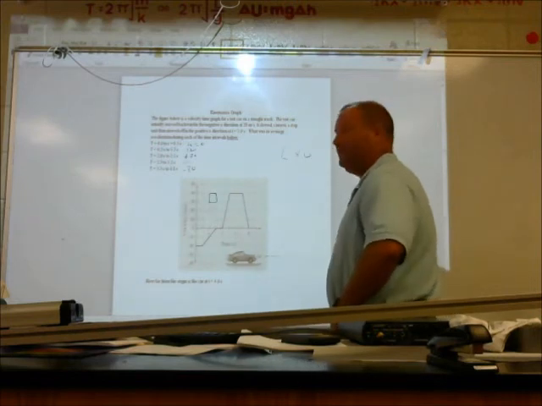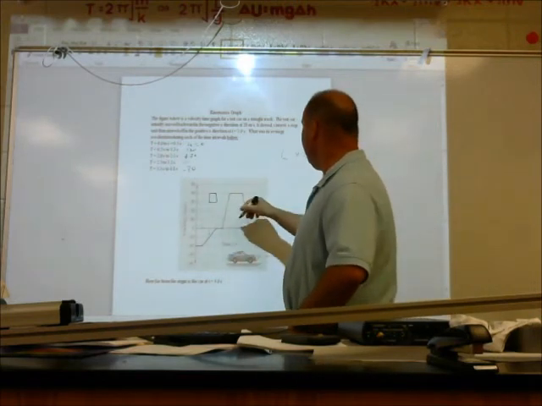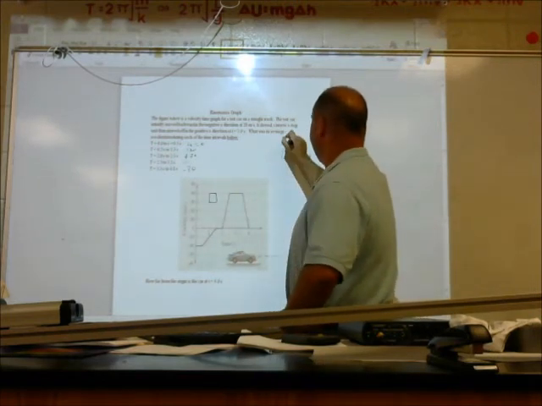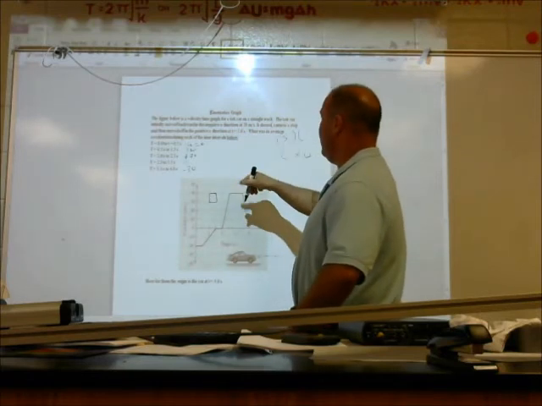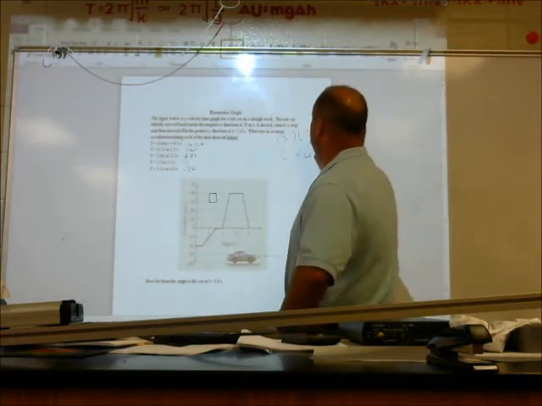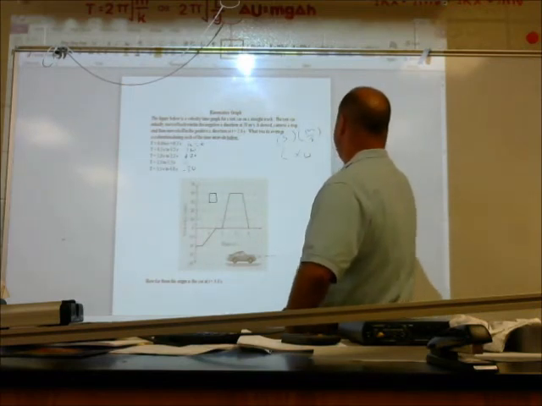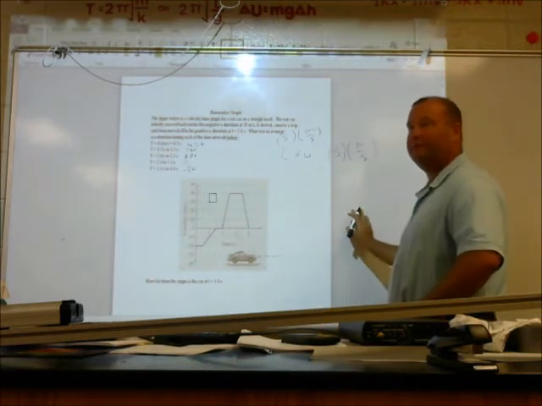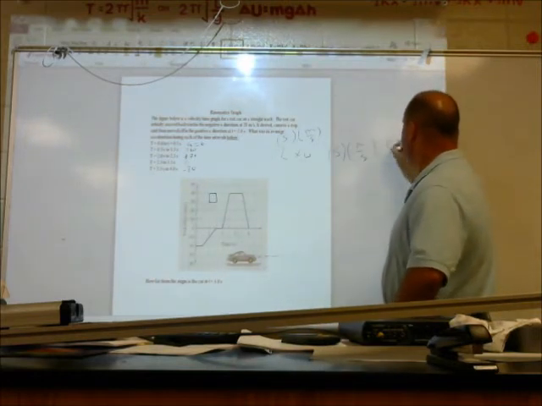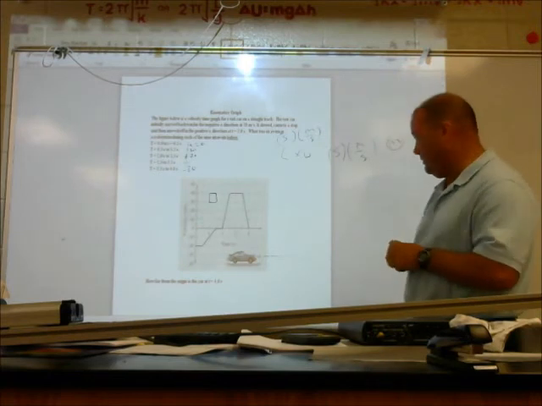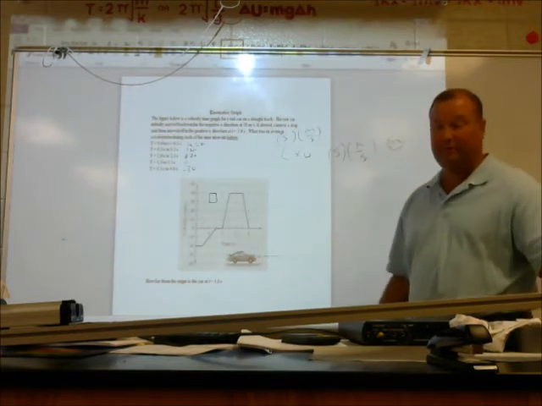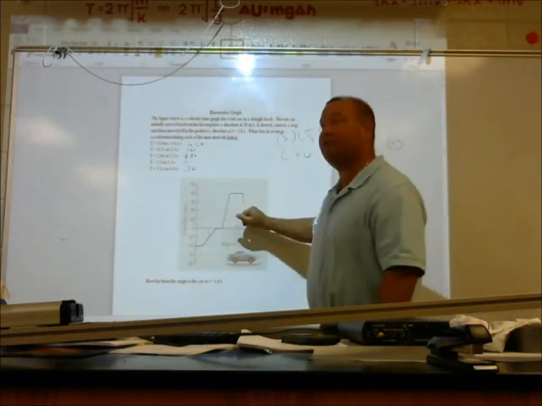Well, in this case, my length is time, and my height or width is in meters per second, correct? So if I multiply seconds times meters per second, what kind of unit do I end up with? Meters. And that will give me displacement on that particular object based on its graph.